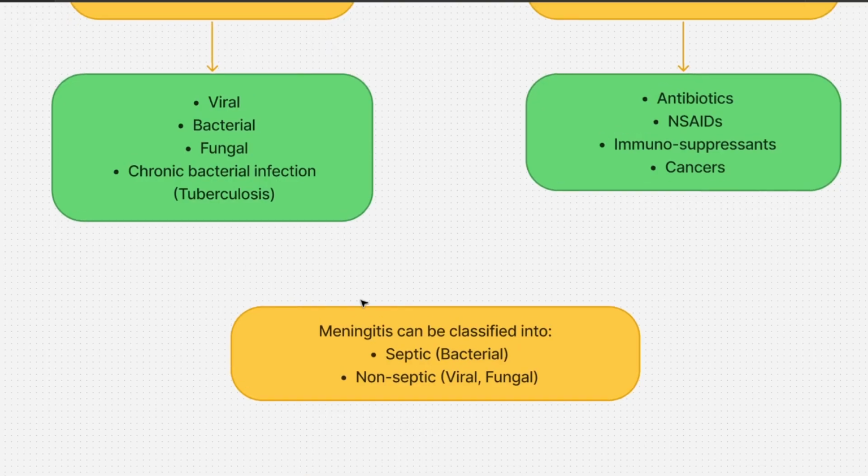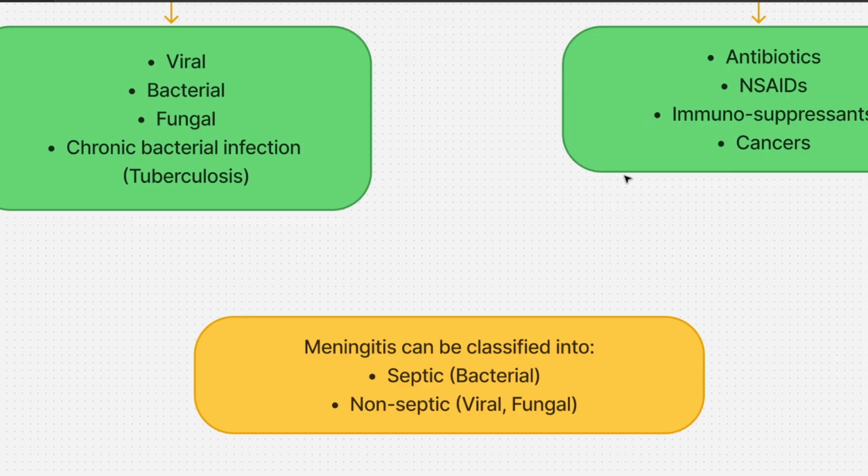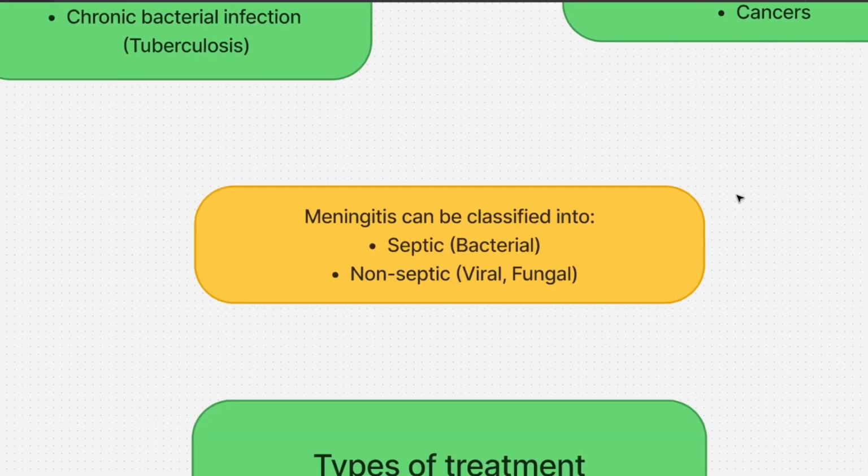So, as I said before, meningitis can be septic. This means there are leukocytes in the CSF. When we do an investigation, we can find many leukocytes in the cerebrospinal fluid, and non-septic like the viral and fungal, and obviously the non-infectious, as we said.